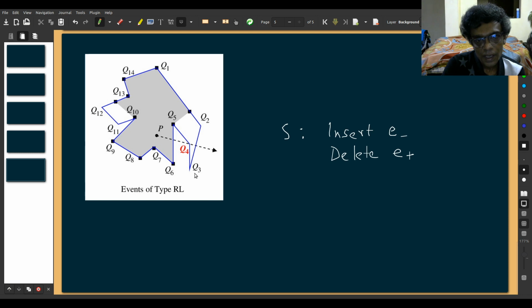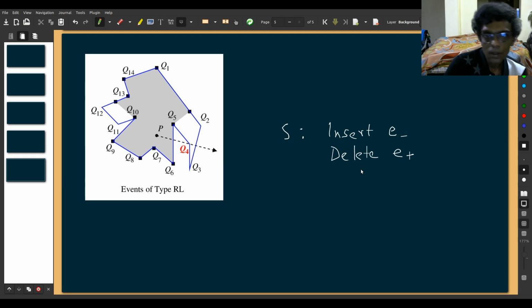If such an event occurs, it is impossible that this is the closest segment with respect to this sweep ray. If so, this P is outside the interior. So you just insert E minus and delete E plus. That's all. Nothing else you need to do.